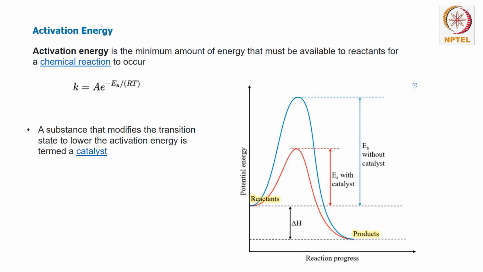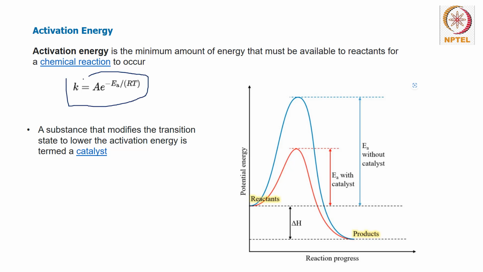I already discussed this. What is activation energy? Activation energy is the minimum amount of energy that must be available to the reactant for the chemical reaction to occur. The mathematical expression for activation energy is called the Arrhenius equation.